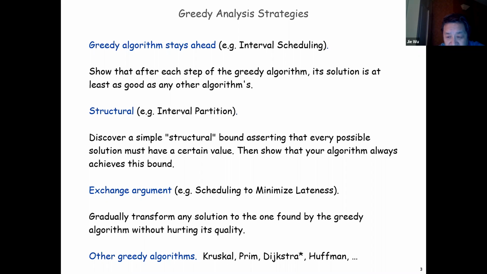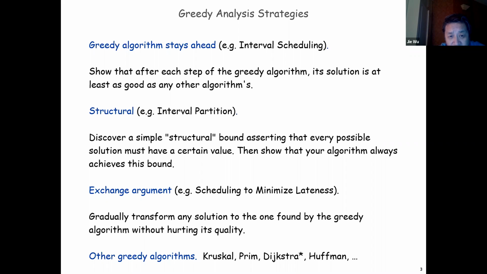Stay ahead means you try to always stay ahead when compared with other methods, and this is also one way to prove optimality. We use the concept of earliest finishing time, which gives you more room, more time to select the remaining jobs. That's why it's optimal.